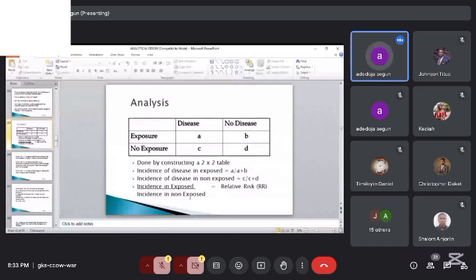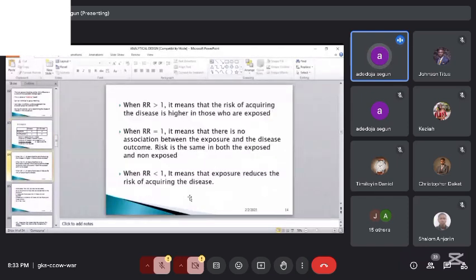What does less than 1 mean? If they are not protecting their sex, then it reduces the chance of developing what? HIV disease. So I believe we understand the interpretation of the outcome we are going to have as far as the relative risk is concerned.